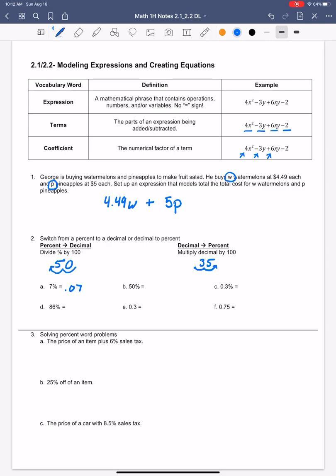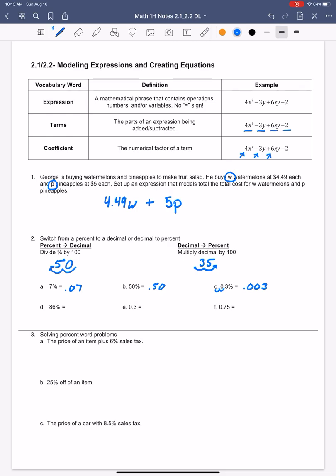50% as a decimal we've already done is 0.50. 0.3%. So notice this is a percent, right? Even though it's got a decimal, so it's still a percent. So I'm still going to have to divide by 100 or move twice to the left. So I could go once and twice, which would give me 0.003 as my decimal.